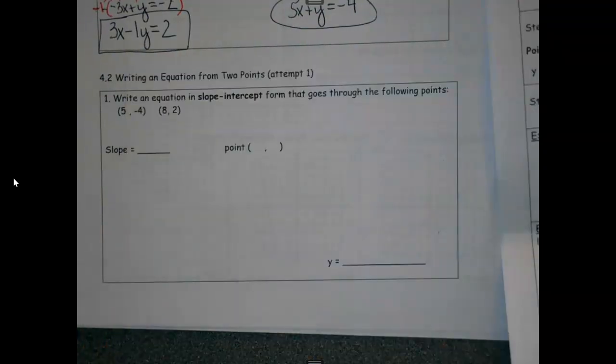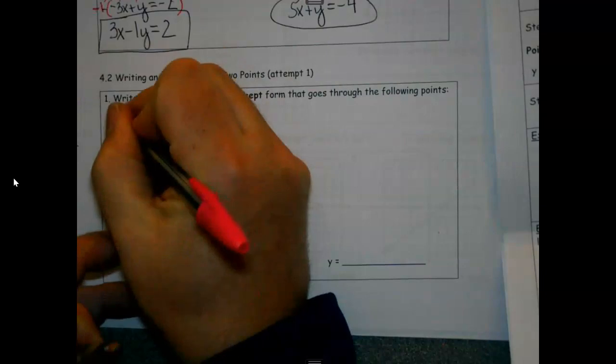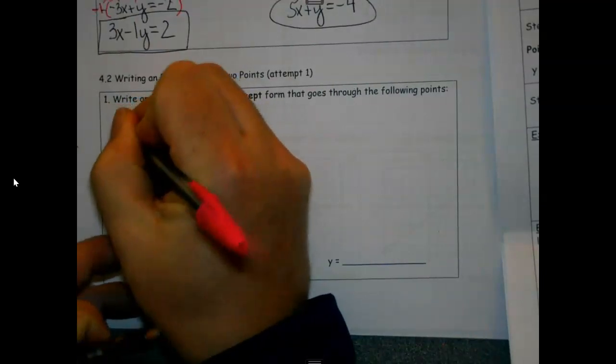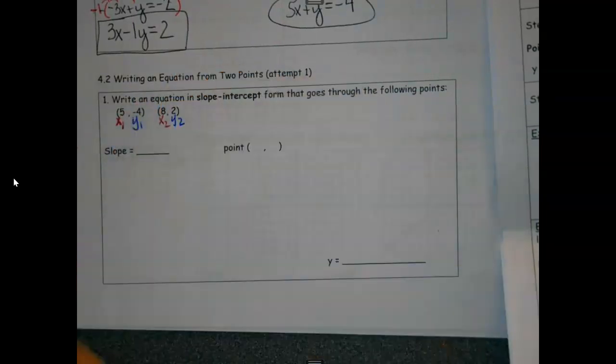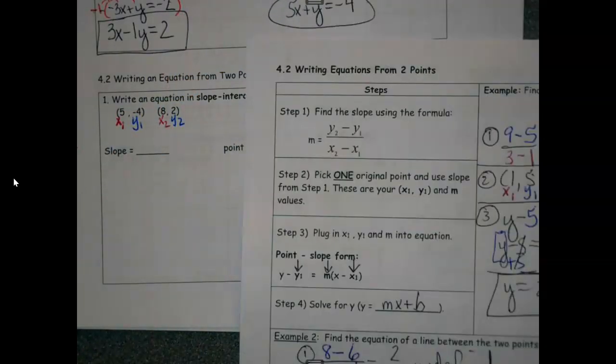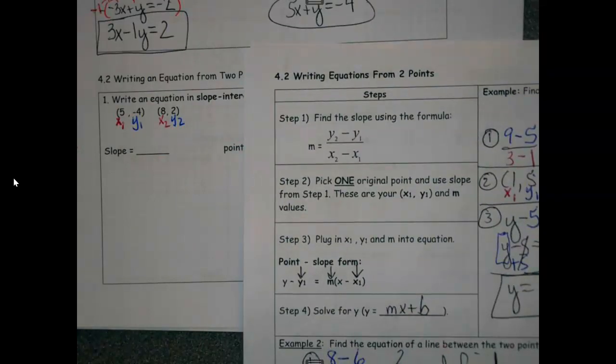So what we've always done in the past, and we're going to do it again, we're going to label things up. Remember, when we're looking for slope, let me get this down here to help us. There's my formula.